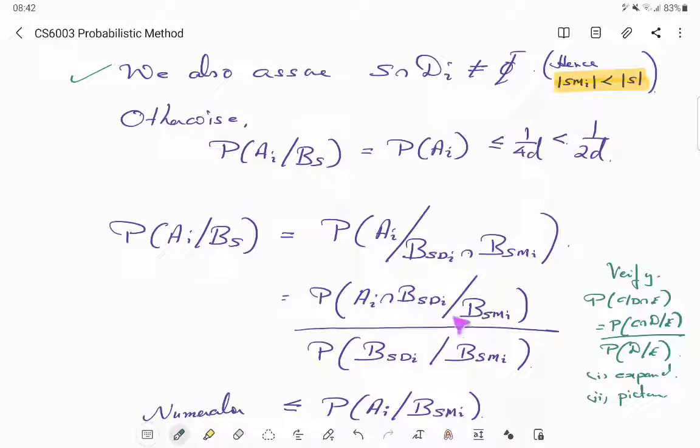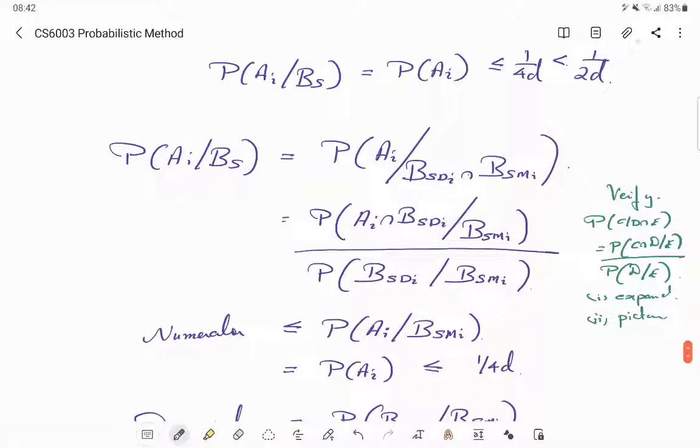Okay, so I have used this expansion here, and I have to upper bound this by 1 by 2d. So I'm going to upper bound the numerator and lower bound the denominator, right? That's the correct thing to do. The upper bound on the numerator is straightforward. So this is AI intersection something given BSMI. I can upper bound this by probability of AI given BSMI, right? Intersection will only reduce the probability even when conditioned on something.